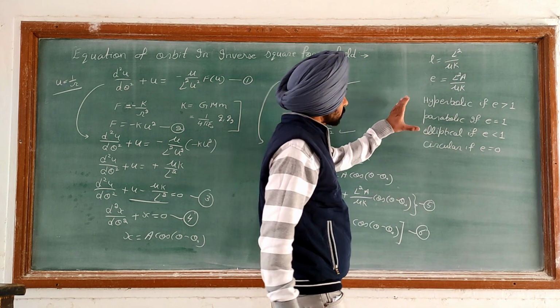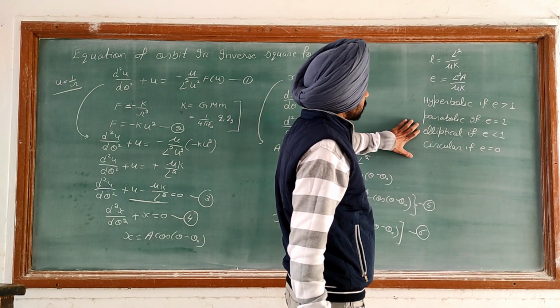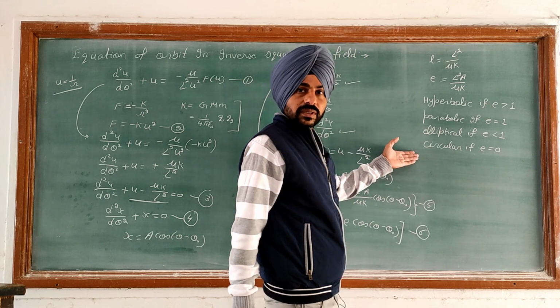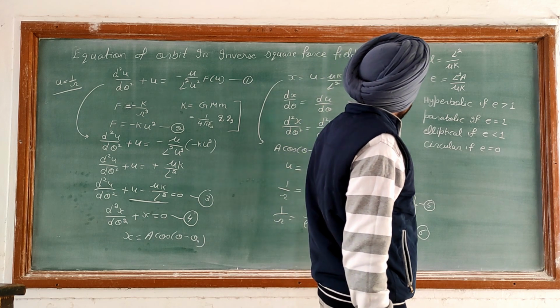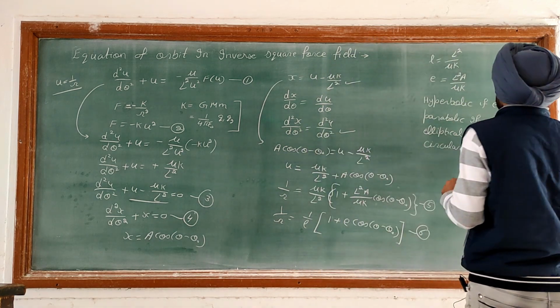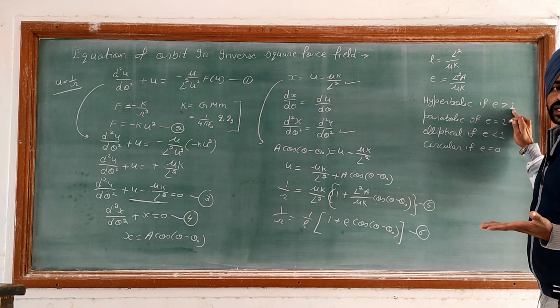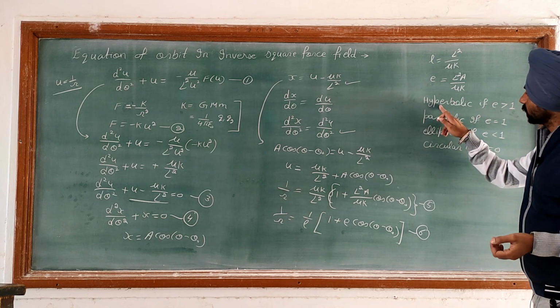So many times students forget when it is hyperbolic, parabolic, elliptical or circular. So you can remember it this way. If e is greater than 1, e is high, hyperbolic.